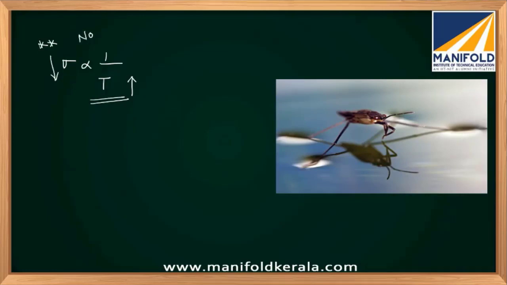An interview question will be: what is the relationship between surface tension and temperature? This is a property which exists only at a surface to exert tension. This is nothing but the surface film. Generally we call it the surface film to exert tension.